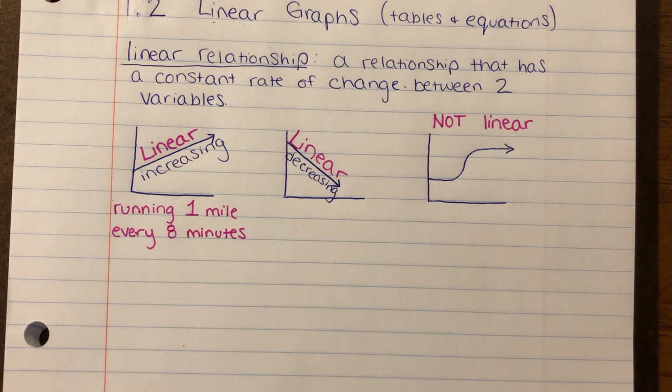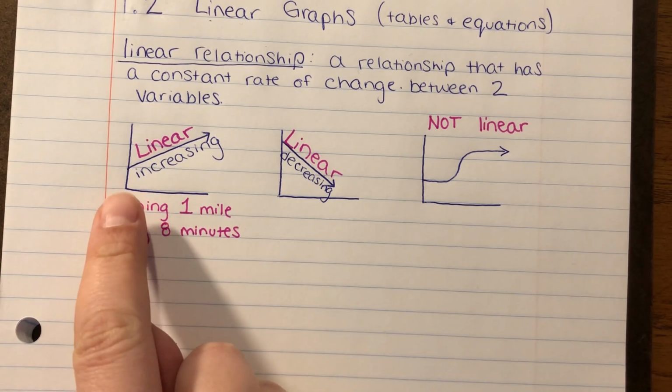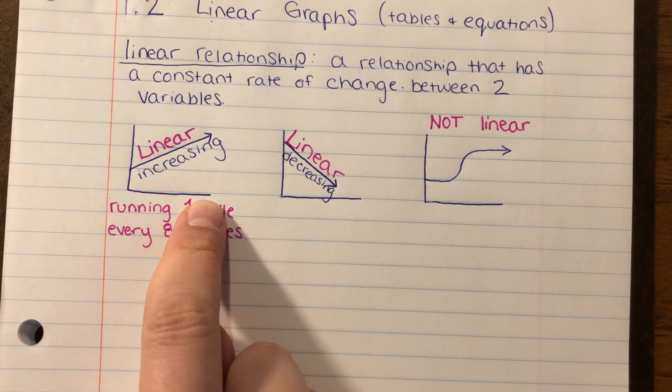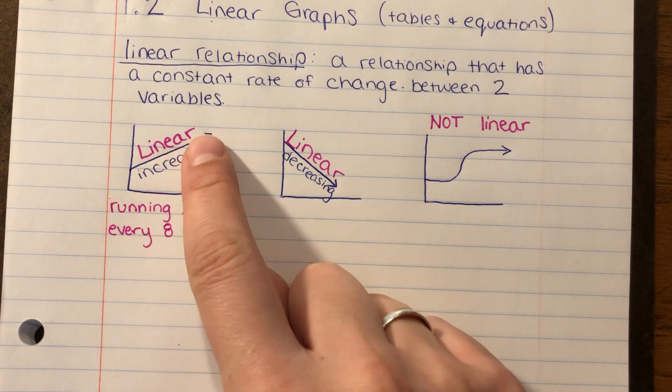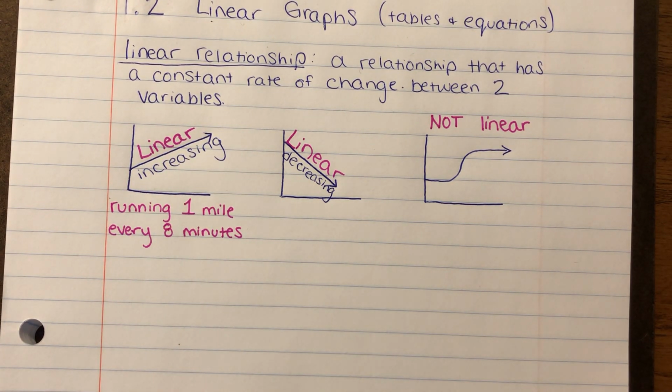Now that's a pretty fast mile, in my opinion. And if we think about it as time is increasing, let's pretend that time is down here on the x-axis, we can see that our distance would be increasing. So every 8 minutes that goes by, we've run another mile. That's an increasing linear example.